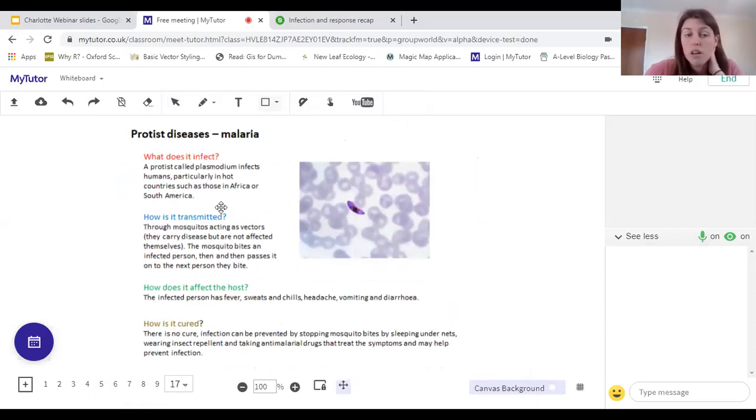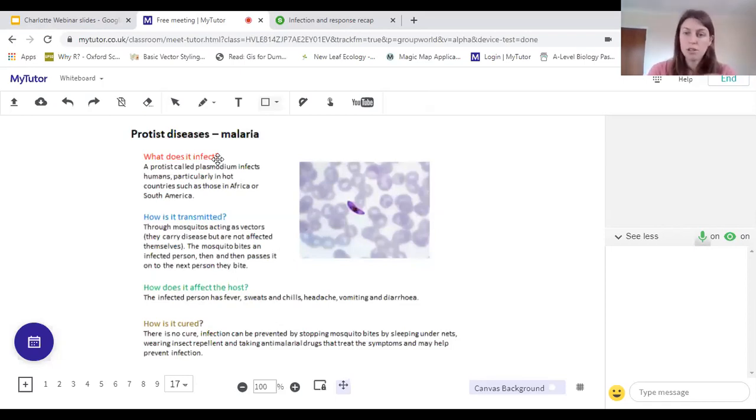So it's caused by a protist called Plasmodium, and it infects humans, particularly in hot countries such as Africa or South America. The reason that it occurs in hot countries is because it's transmitted by mosquitoes acting as vectors. A vector is when an organism carries a disease but isn't infected themselves.